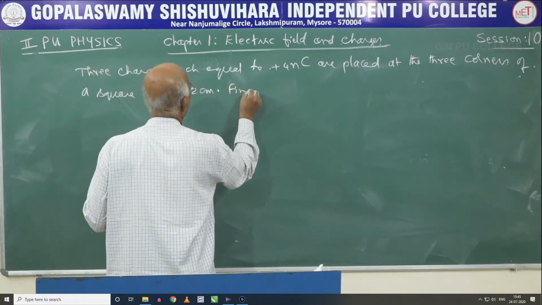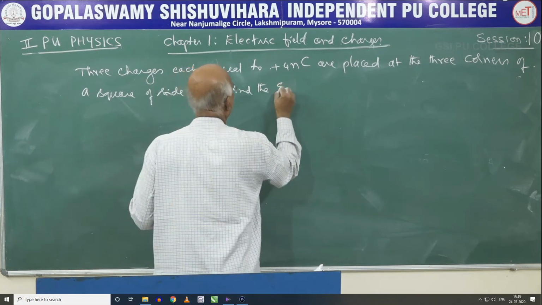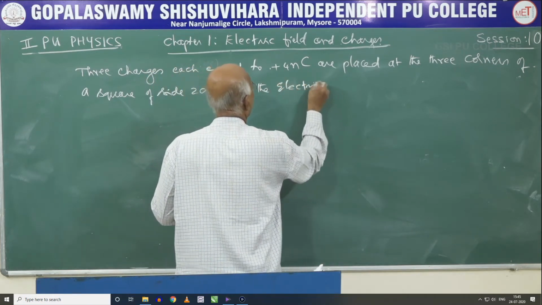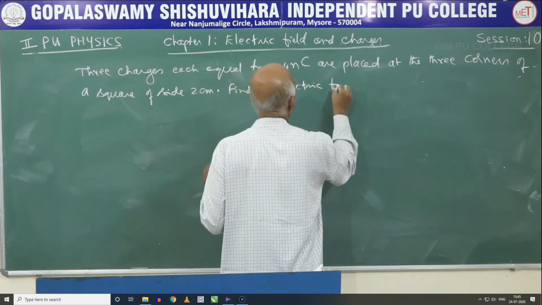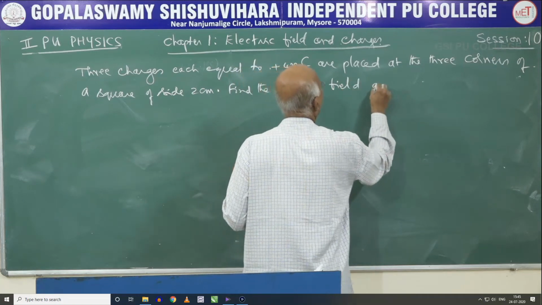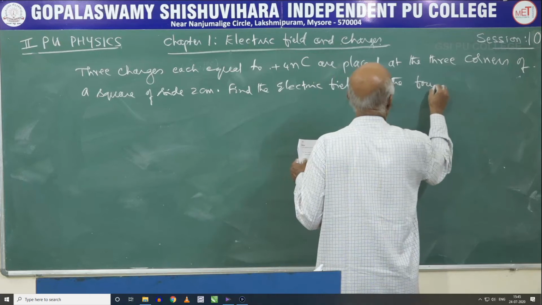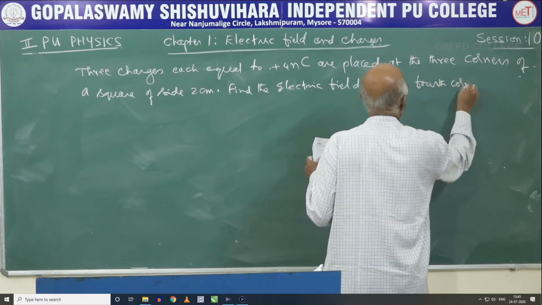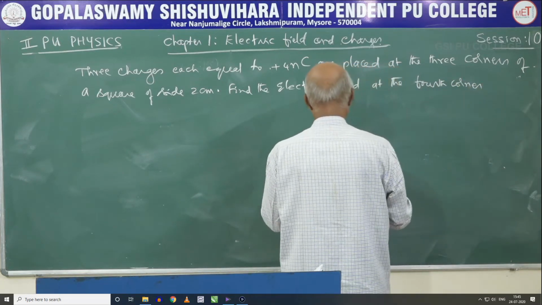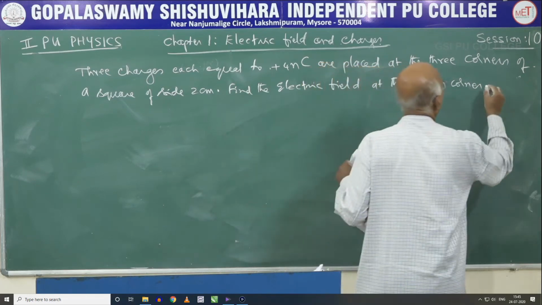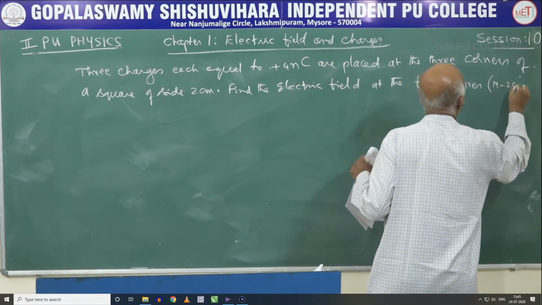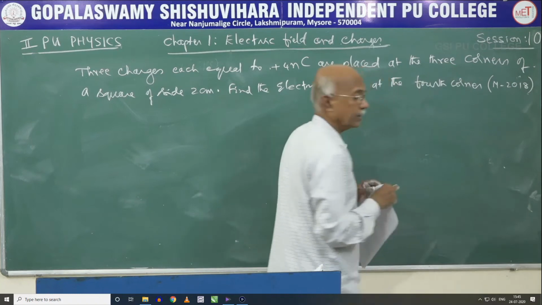Find the electric field at the fourth corner. This problem has arrived in March 2018. So this question is from March 2018.